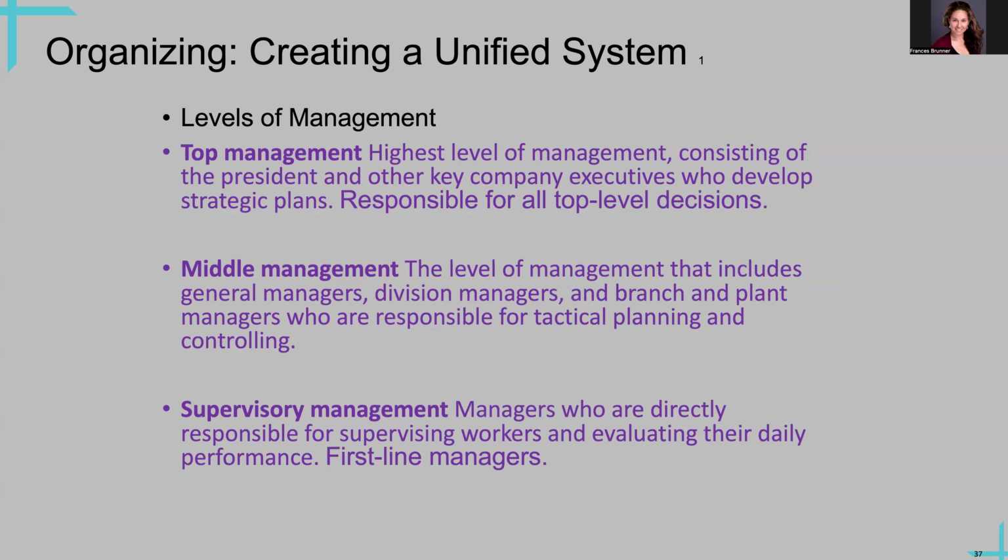They develop goals and they allocate resources that have been approved in order to carry out the work that supervisory management and the individual contributors will add to. So supervisory management are the direct supervisors of the workers, and they regularly evaluate performance. They're also known as first line managers.